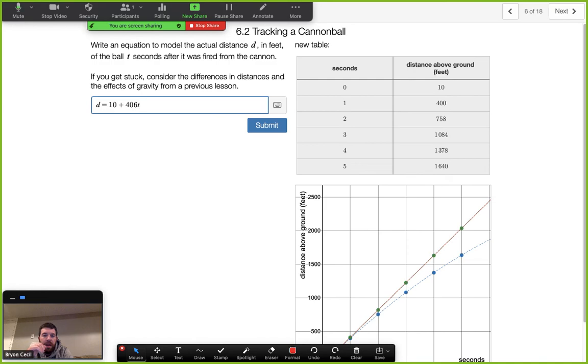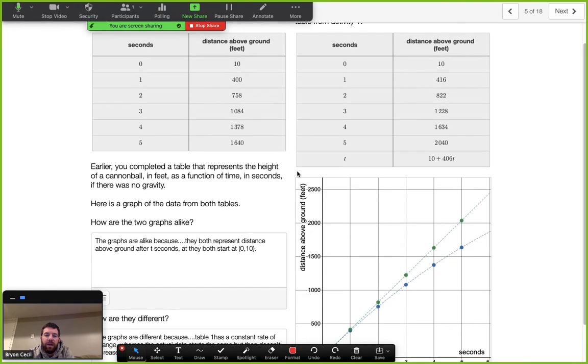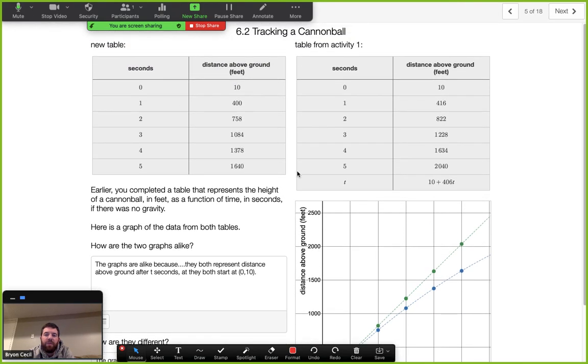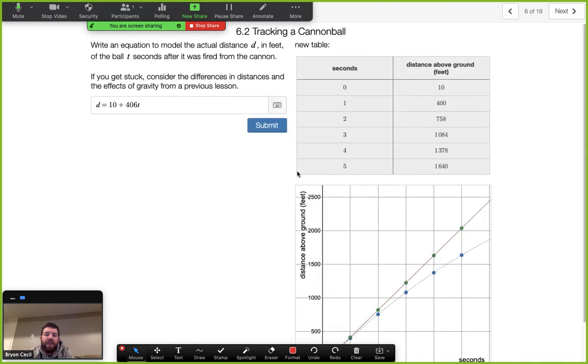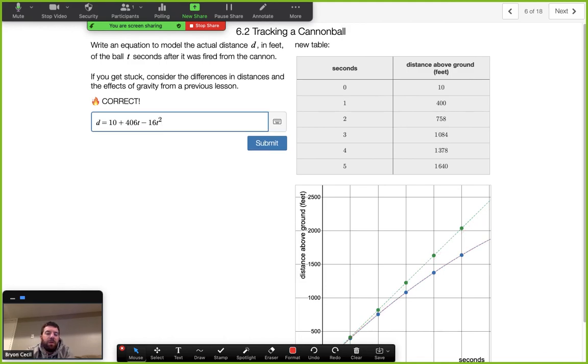But the actual effect of gravity is going to be a negative 16t squared. That's what gravity is.